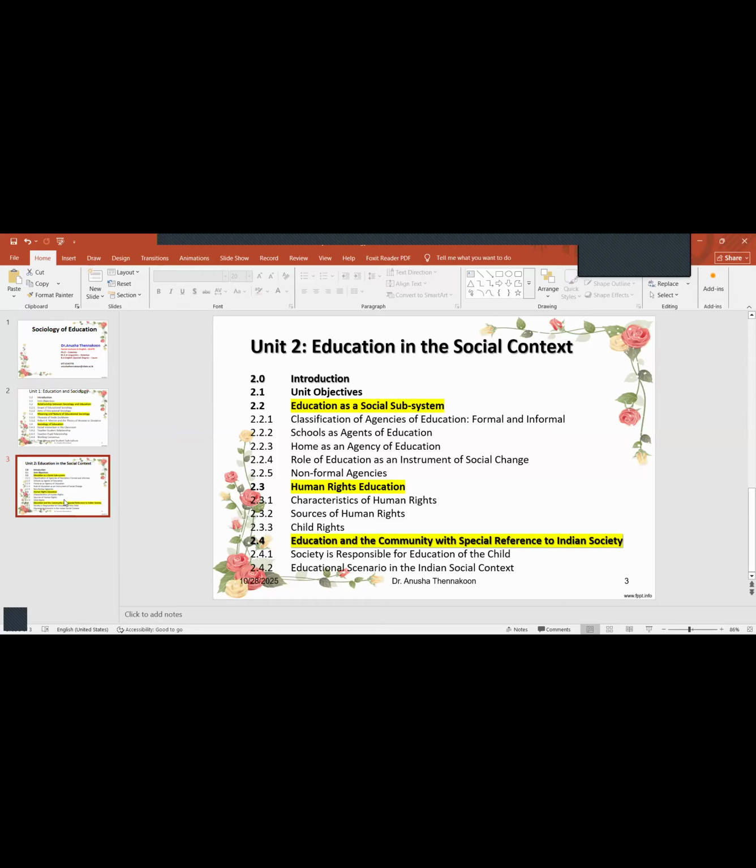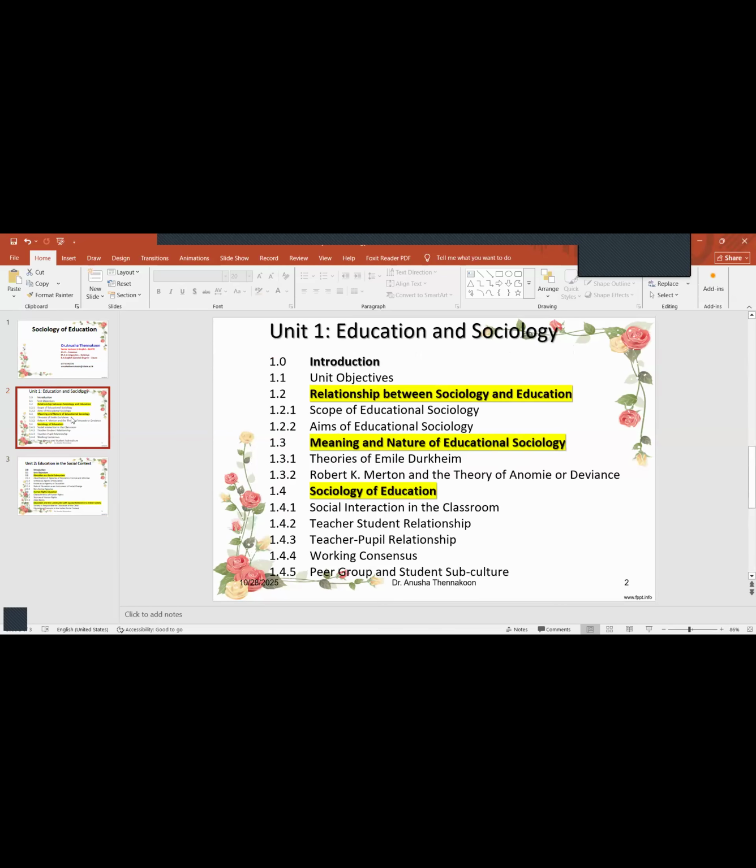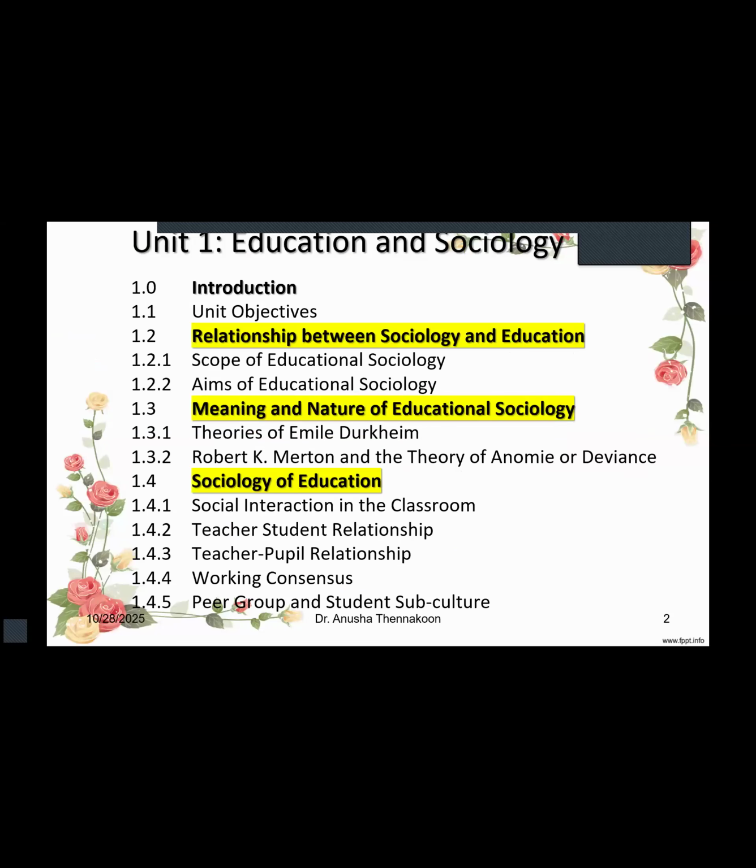Okay, do you have anything to ask actually? Ma'am, can you show again that previous slide? Previous slide, okay. Yeah, let me show it like this. Okay, relationship between sociology and education.